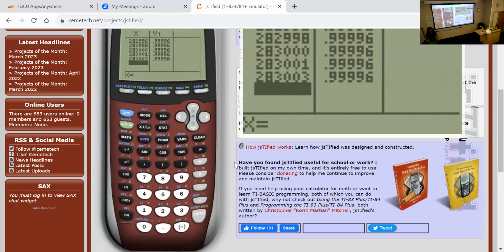Do they match up? So does a limit exist at 283,000? Yes. If so, what is its value? Easy. They match up. So 0.9996.